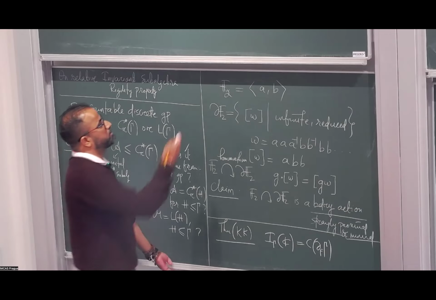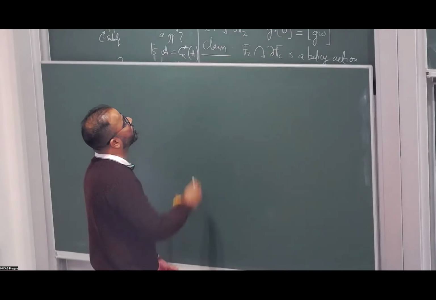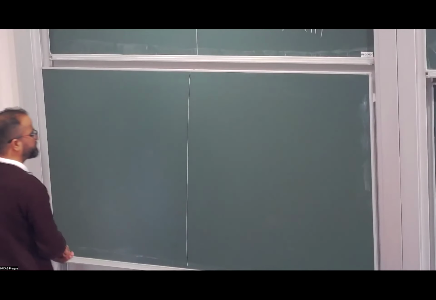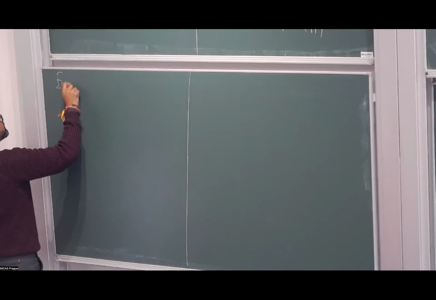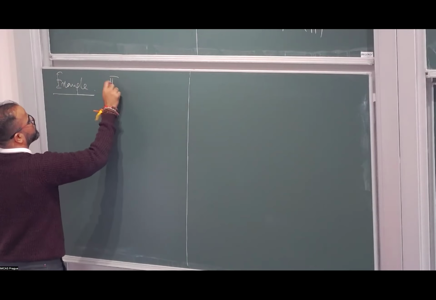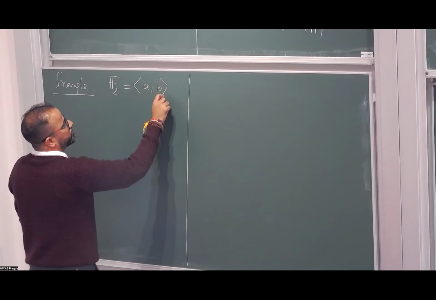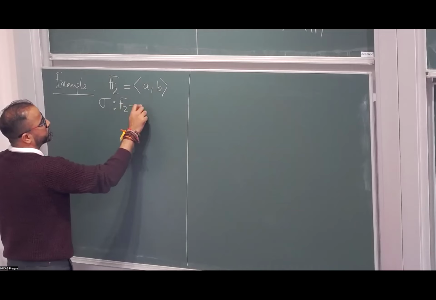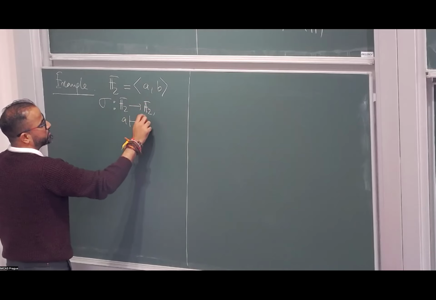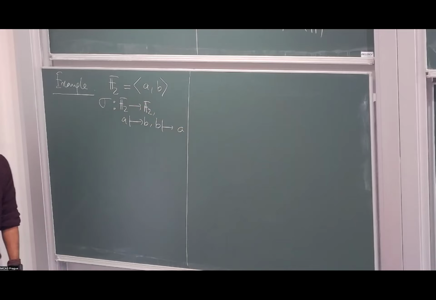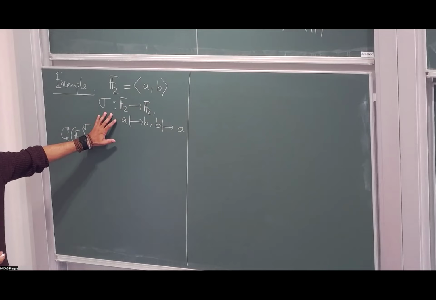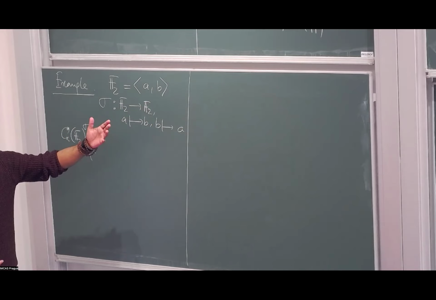Now here's an example to keep in mind. Again, I'm in the free group F2, and consider an automorphism sigma that sends A to B and B to A. I want to look at the reduced group C-star algebra of F2, because once I have an automorphism of the group, it induces an automorphism on the reduced group C-star algebra in the canonical way.